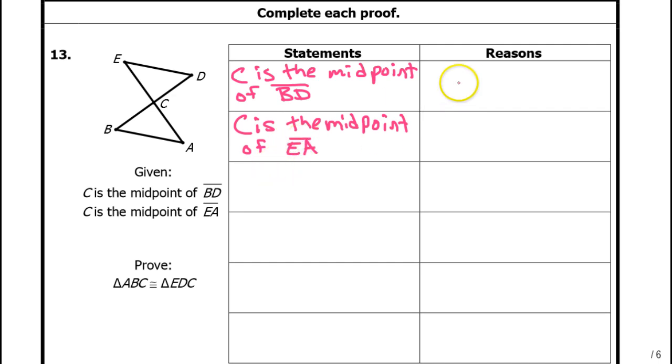So might as well get that out of the way. So those are both given. All right, so that's the end of the given. But those two facts lead to two more facts. Because C is the midpoint of BD, that means that segment BC is congruent to segment CD.